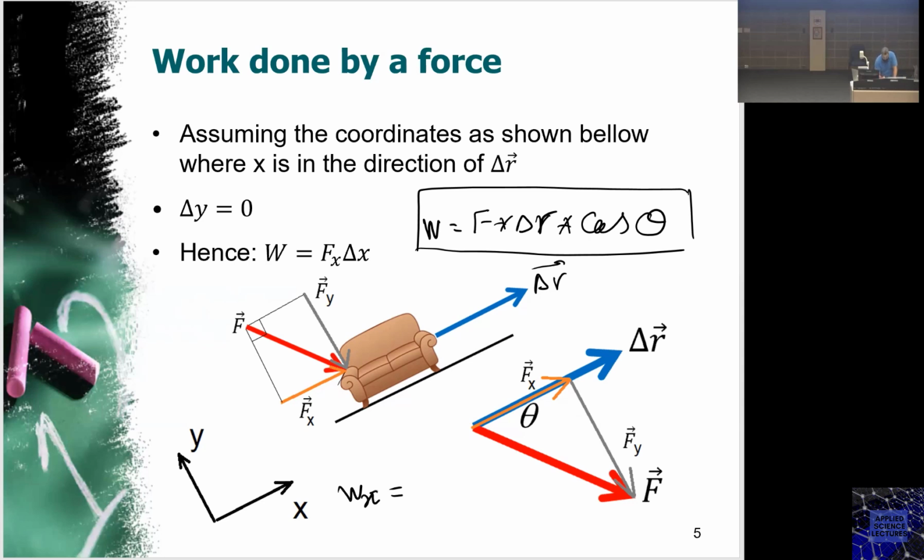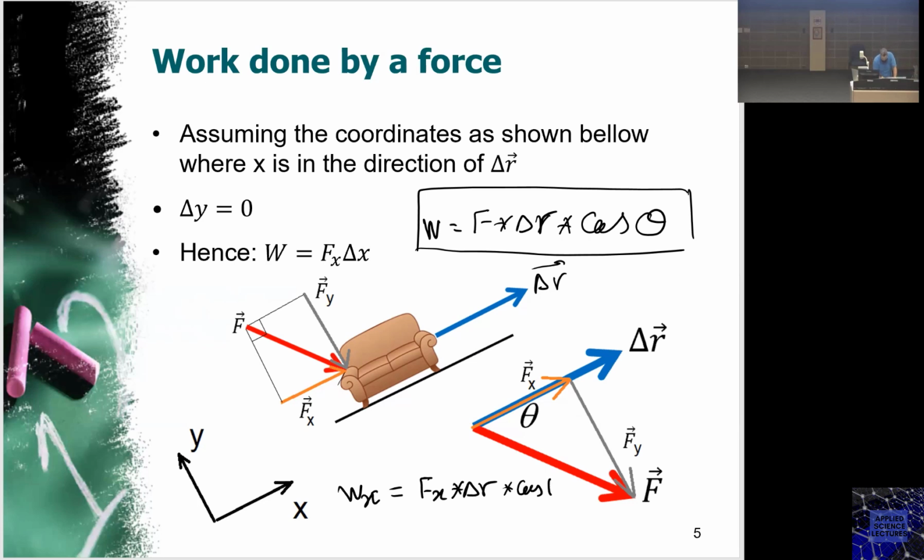So in this case, Wx would be Fx times delta R times cosine. What is the angle between Fx and delta R? 0. Both are overlapping, in the same direction.